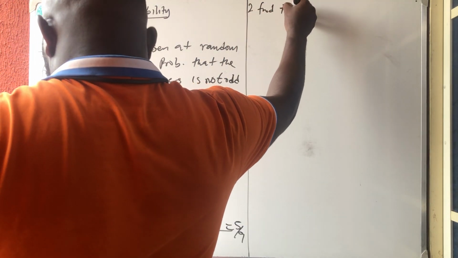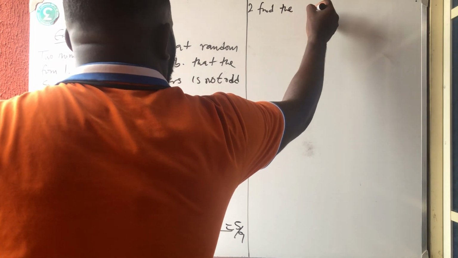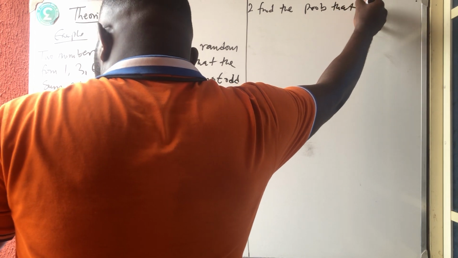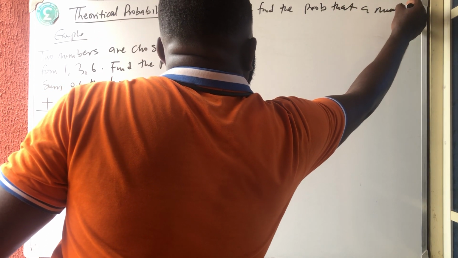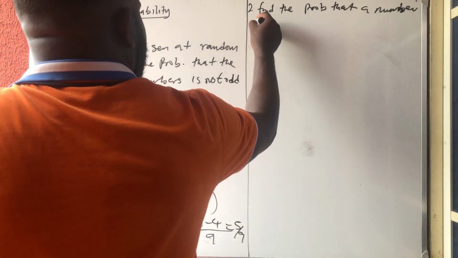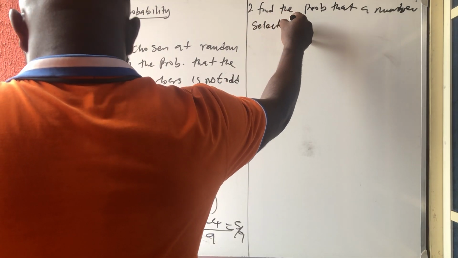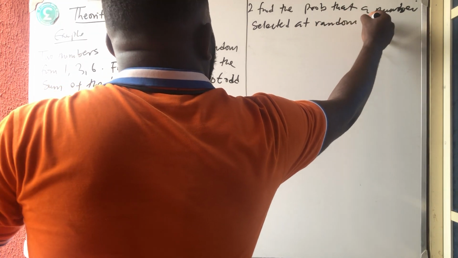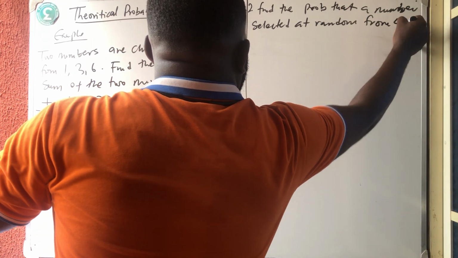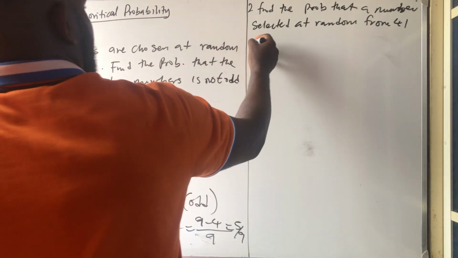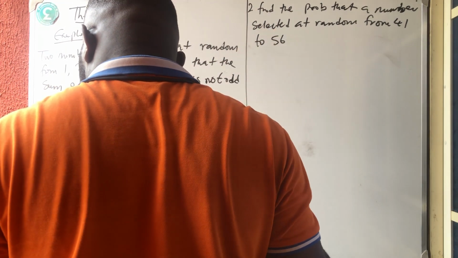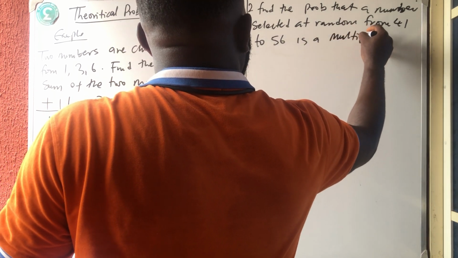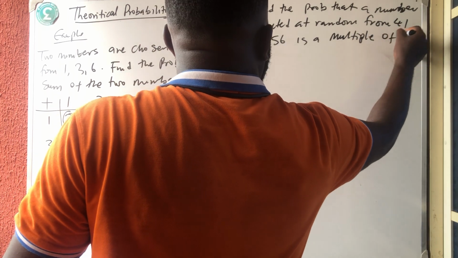Okay. So the next one, number 2, said: find the probability that a number selected at random from 41 to 56 is a multiple of 9.